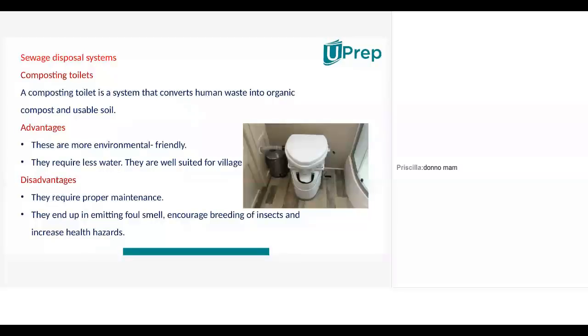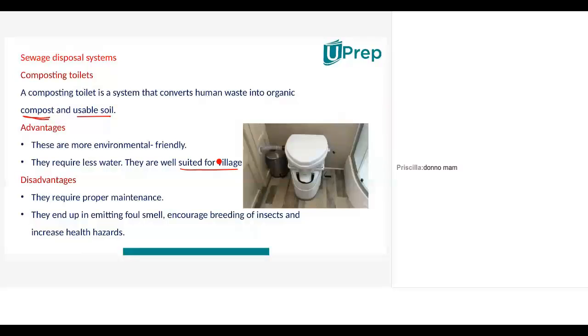So this composting toilet, the exterior of it looks the same as that of a WC, but there are certain processes used to make the excreta compostable, which can be converted into soil and used in the soil, right? Now, most of the time, these are suited for villages.